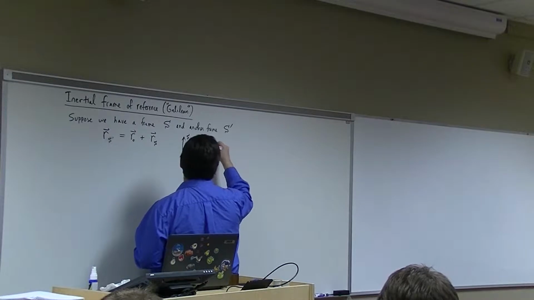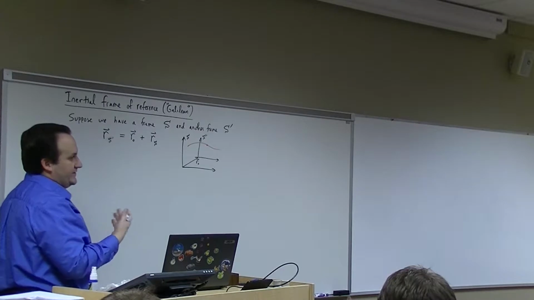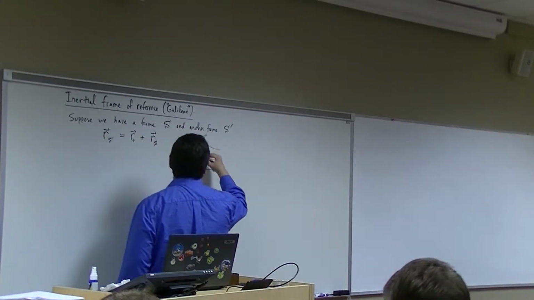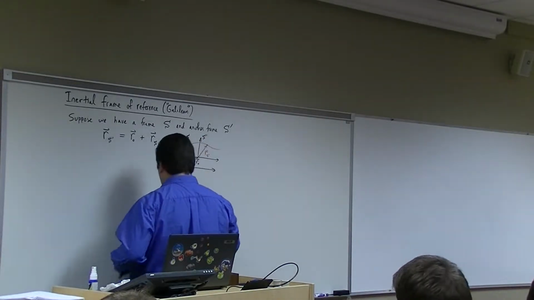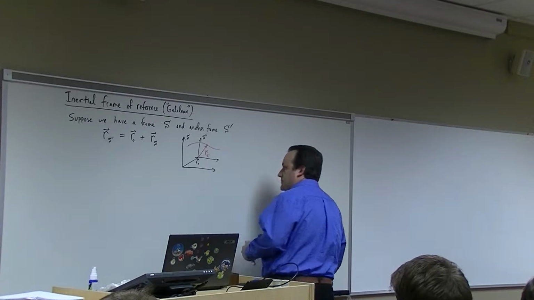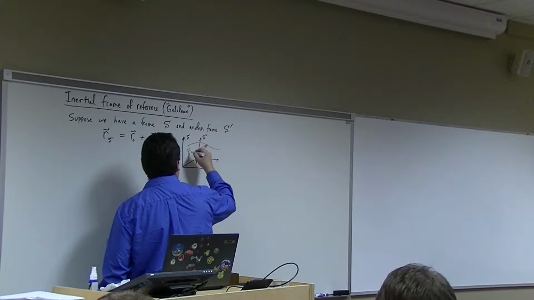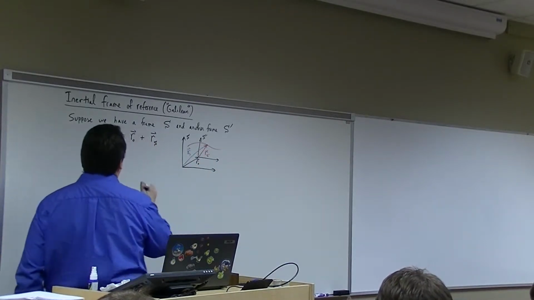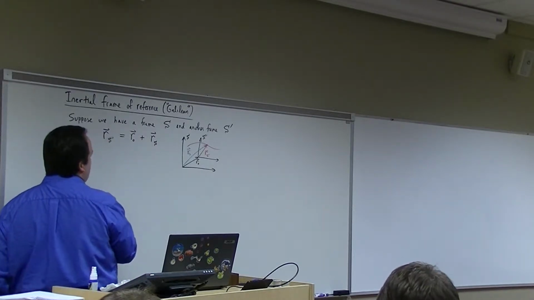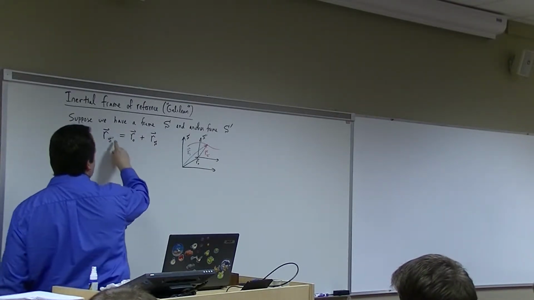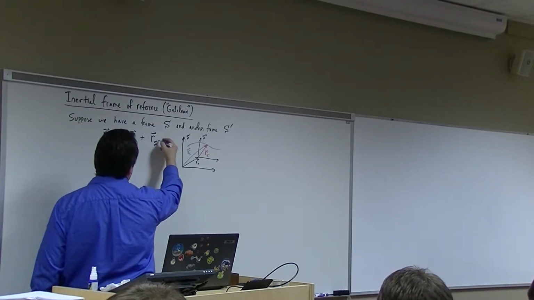At some particular time t, you can either measure its position with respect to the S or the S prime frame. So you either got this here, what we would call R sub S prime, or this guy, which I would just call R sub S. I have messed up the equation. What should I write? R sub S is equal to R sub origin plus R sub S prime. There we go. That makes sense.